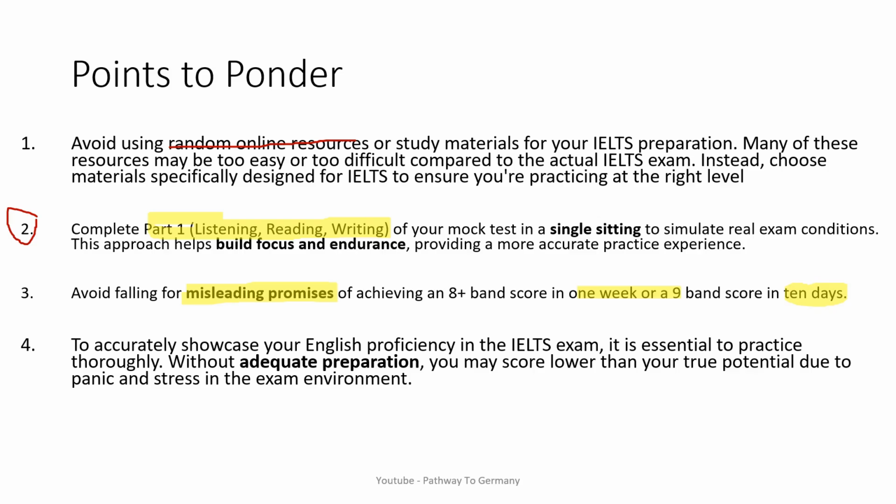You must put in at least 1.5 months or 2 months to make any noticeable change in your scores, to score 6.5 or 7. If your current position is 5 or something, in order to reach 7 band, you need to put in at least 2 months of preparation. That's a bare minimum.